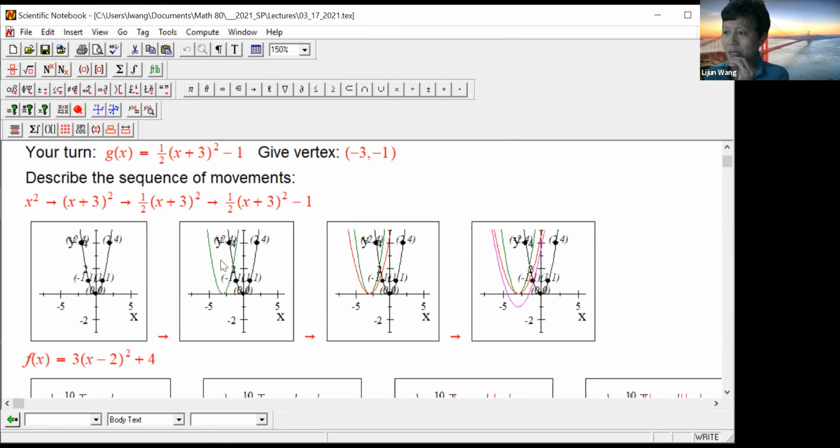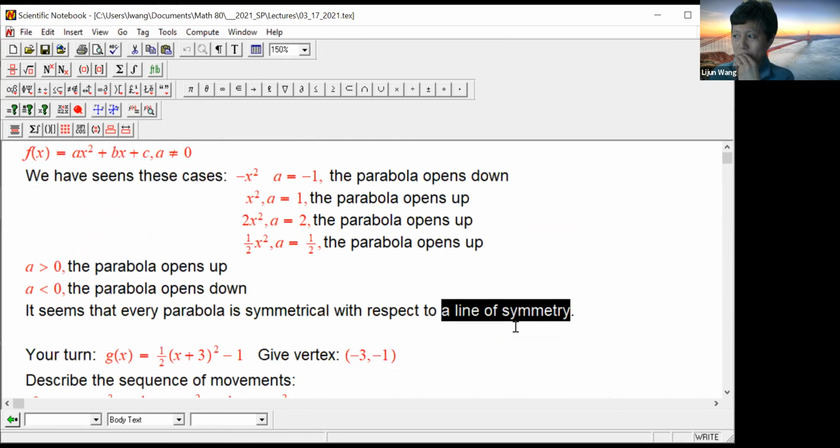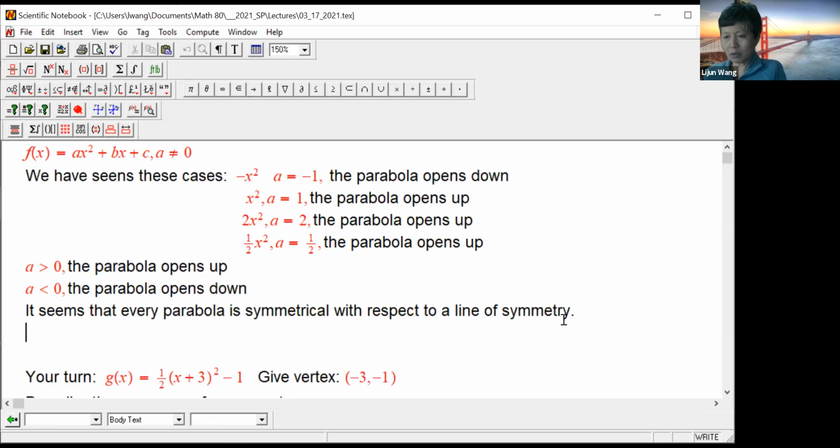In some other cases, the line of symmetry is moving about. There's not a fixed line of symmetry. So in a lot of situations, we want to identify that line of symmetry, but we might be able to identify some patterns. So how do we identify the line of symmetry?